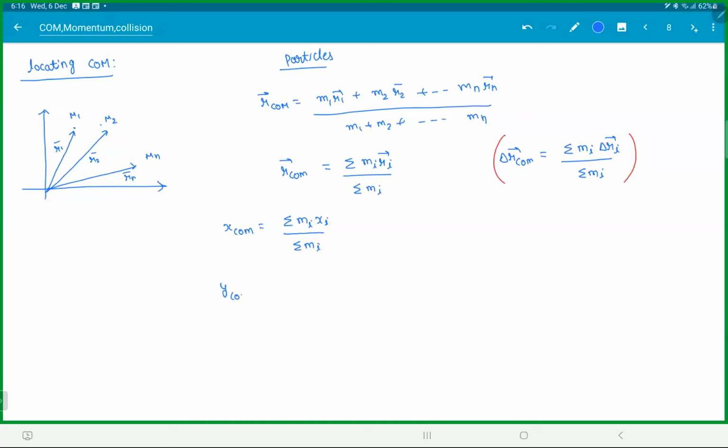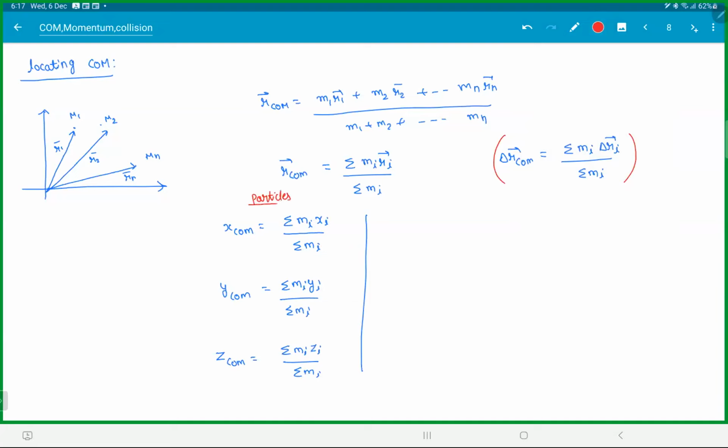For y center of mass, sigma mi yi by sigma mi. Z center of mass, sigma mi zi by sigma mi.